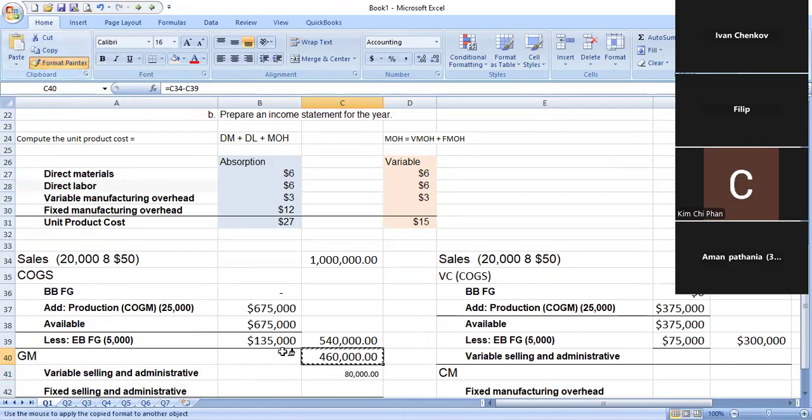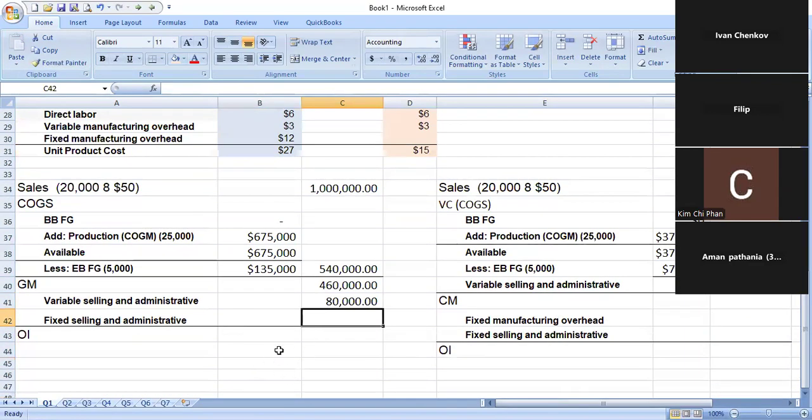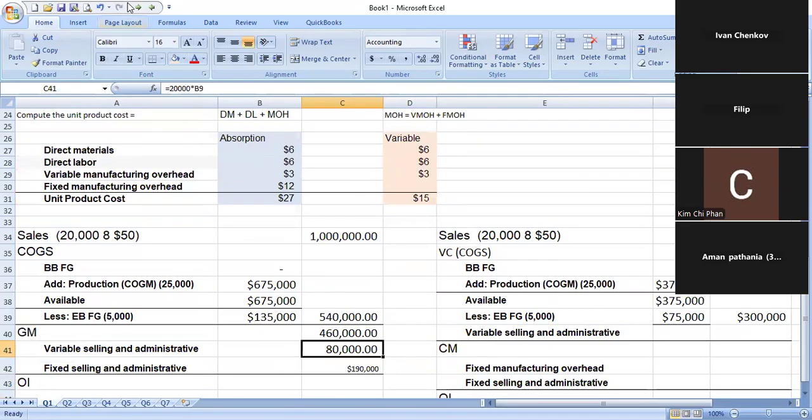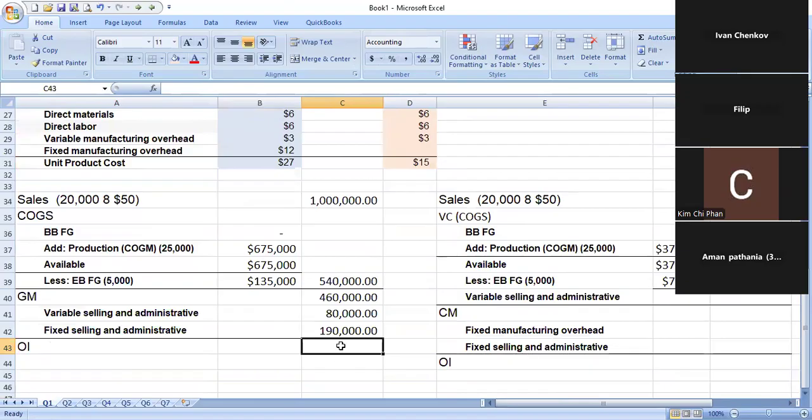Let's format it to be this way. We get our $80,000 here. Fixed semi-administrative expenses. Those are going to be equal directly to the number here, 190,000. So our operating income here will be 460 minus 80 and minus 190.